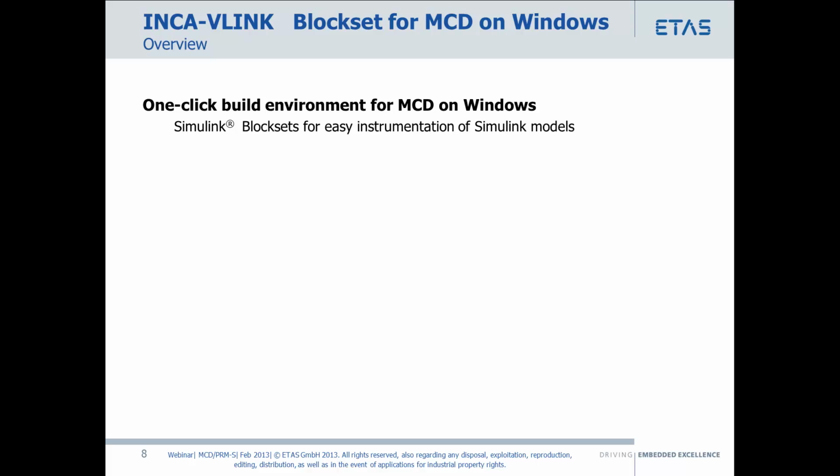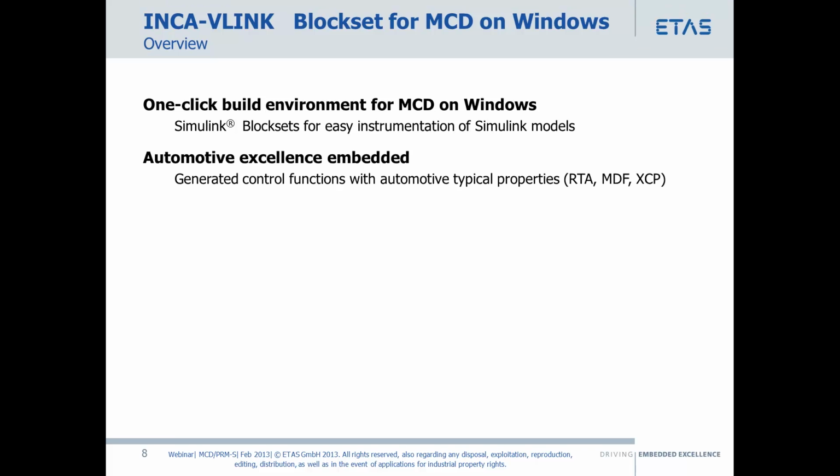Inka V-Link provides a one-click build environment for measurement, calibration and diagnostics on Windows. It is a Simulink block set for the easy instrumentation of Simulink models to have access with Inka. Inka V-Link does not simply autocode the Simulink control function.